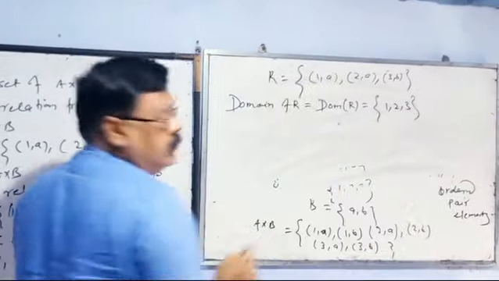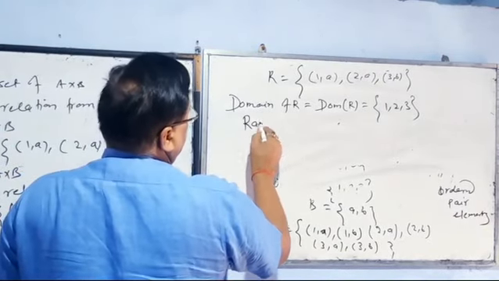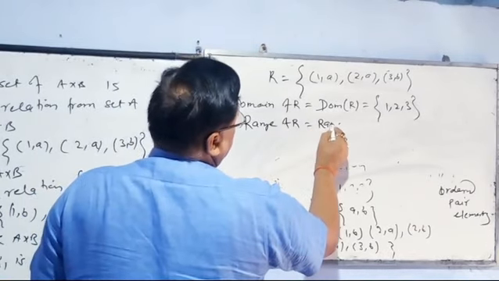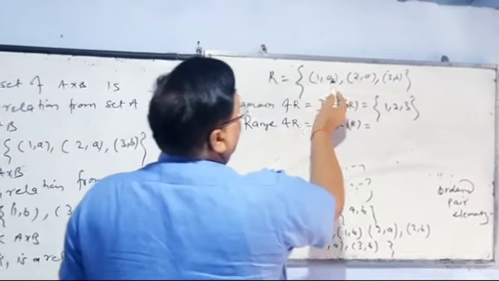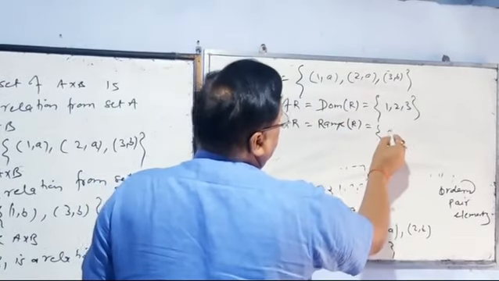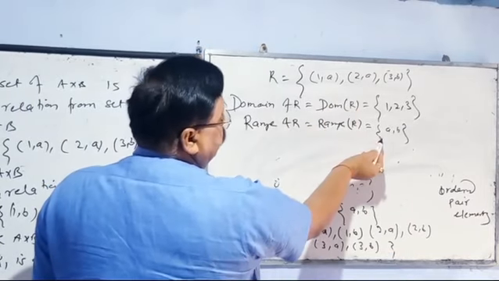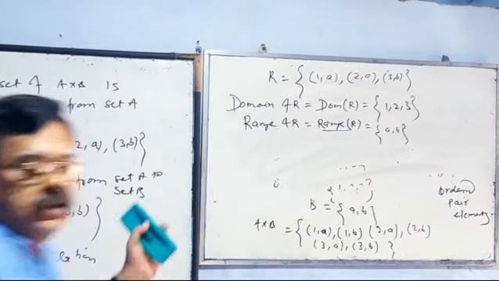This is the domain of R. For the range of R, we take the other elements, a and b. Here a is repeated, so we write it only one time: a and b. This is the range of the relation.